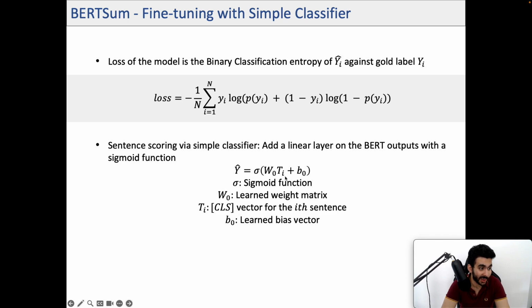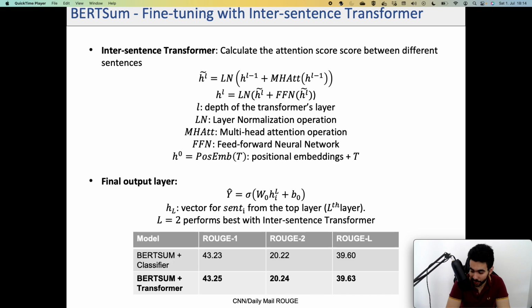This is going to be the linear layer added over the BERT output with the sigmoid function for sure. They fine-tuned on the downstream task towards classifying whether the sentences are important or not, and used this linear layer, presented in the original BERT paper as one of the standard approaches towards utilizing BERT on a downstream task such as classification.